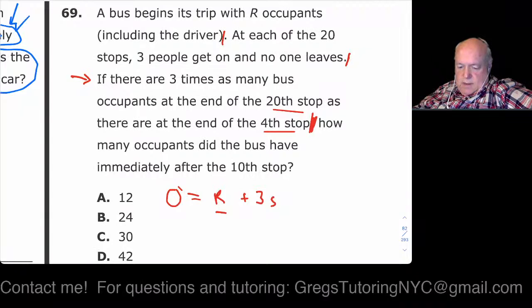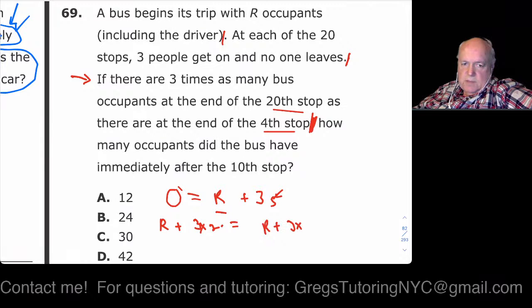So if we take R, our original number of occupants including the driver, plus 3 times the 20, the number of stops, that's going to be equal to R plus 3 times the 4th stop.